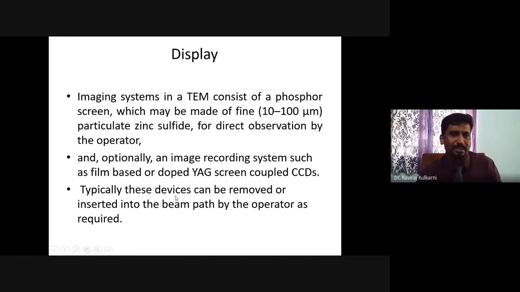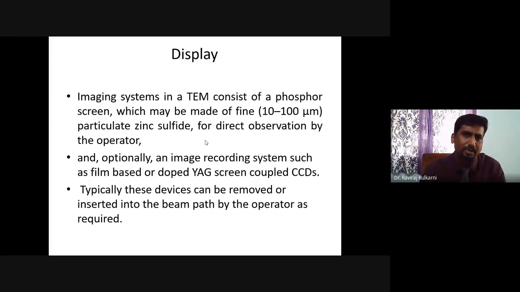Finally, the display system. The imaging system in TEM consists of phosphor screens. Usually we use zinc sulfide nanoparticles or microparticles. When the electrons hit, they fluoresce, and you can see the image.